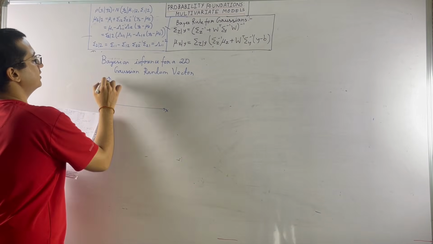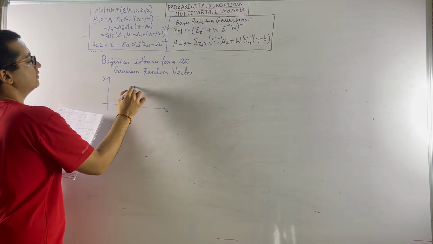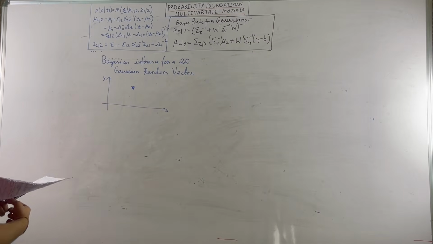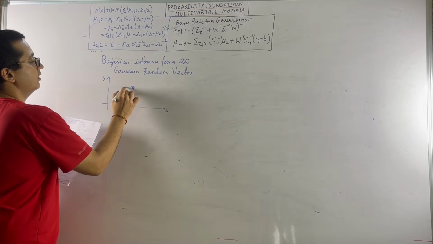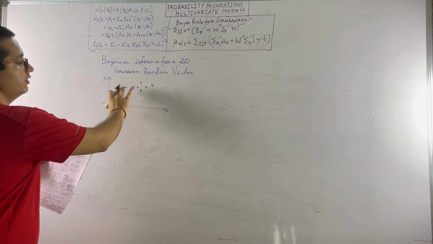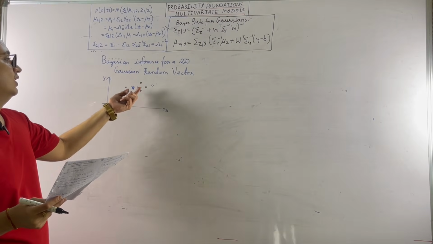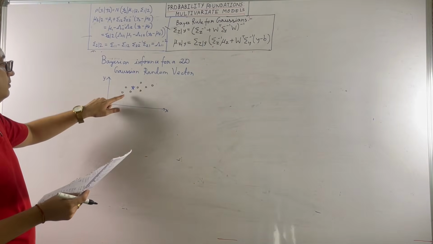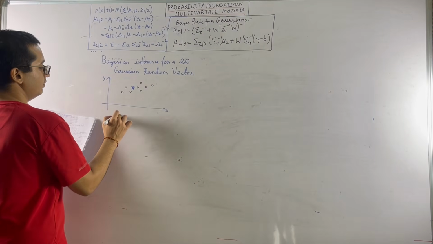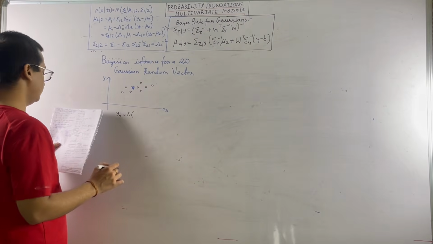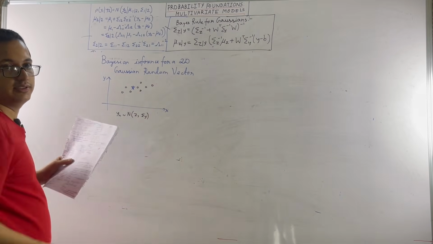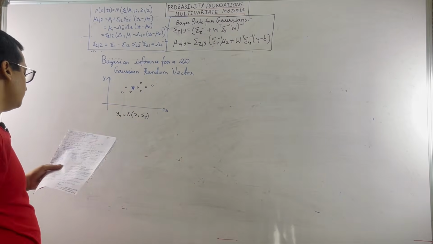Let's say the true location of the airplane is somewhere over here, and we get a sequence of blips. Because the blips from the radar are noisy, they will not be at the correct location but somewhere close, so every time it will deviate. On the basis of these observations, we think the observations come from a normal distribution with mean z and noise sigma y, because of which it shifts from the true value.